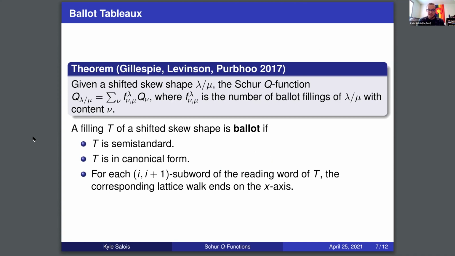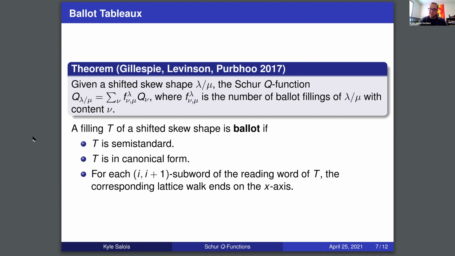Marie Gillespie, Jake Levinson, and Kevin Prabhu, in their paper, developed a crystal-like structure. I think these are related to type B Lie algebra things, but that's not something I've looked into too much yet.